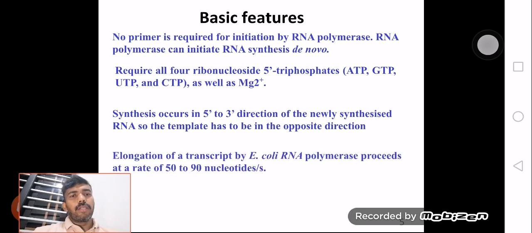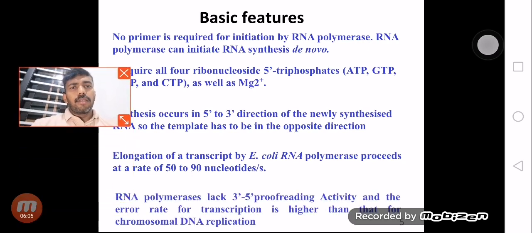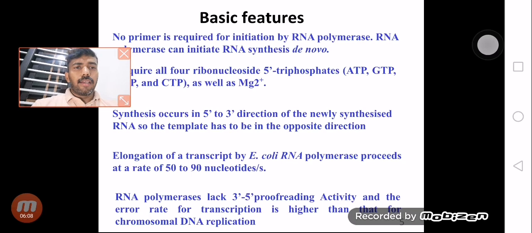The elongation is a pretty high-speed mechanism, with around 50 to 90 nucleotides added per second. There is no proofreading, like 3' to 5' or 5' to 3' proofreading, which is unique to DNA polymerase during replication, but such a domain is absent in RNA polymerase. But you can see certain references to a kind of correction mechanism called backtracking in RNA polymerase, which we will see later.